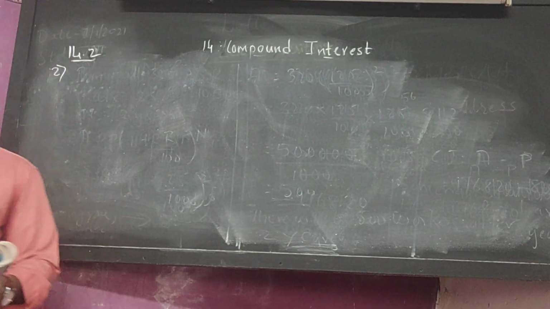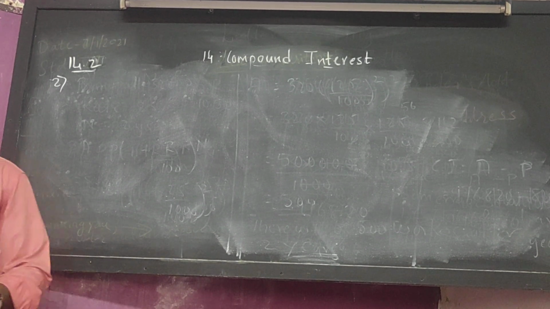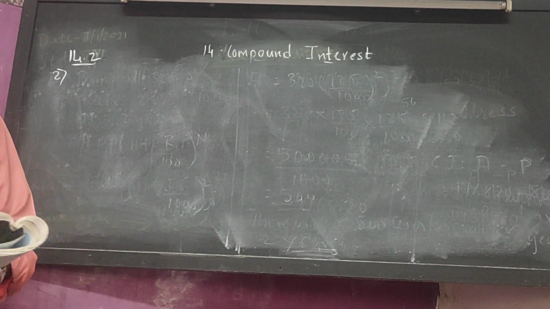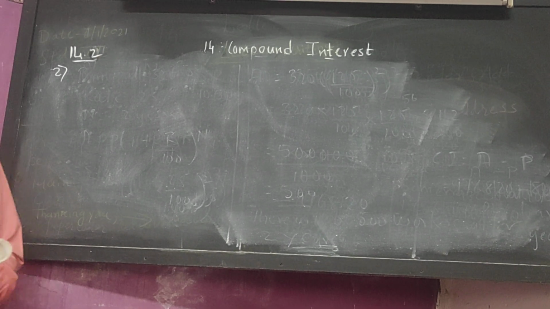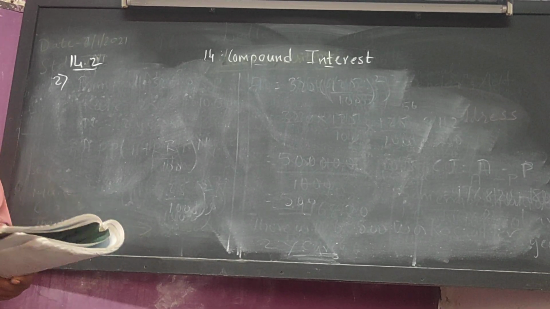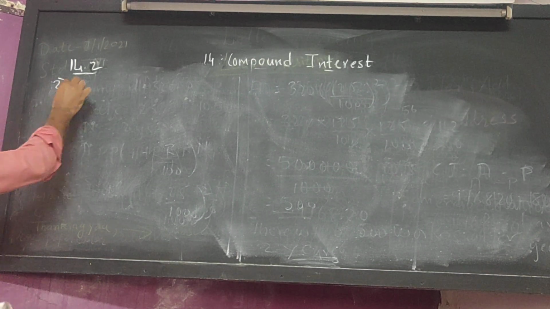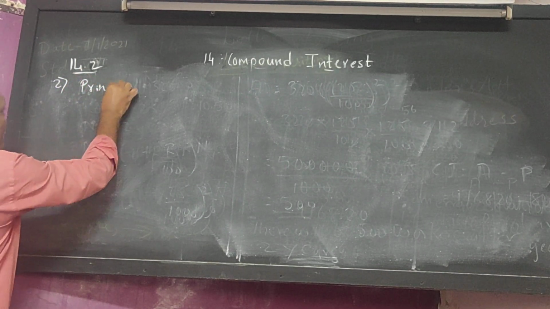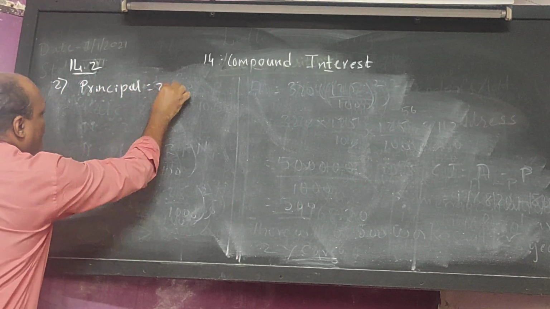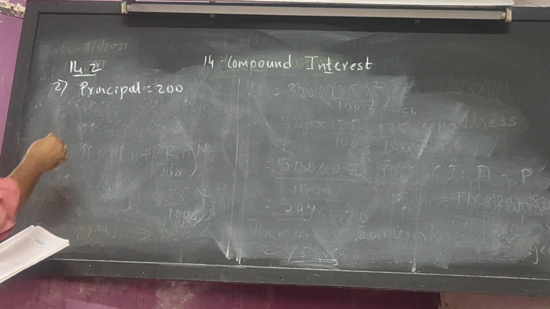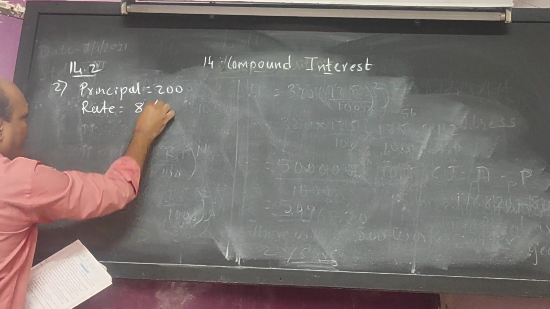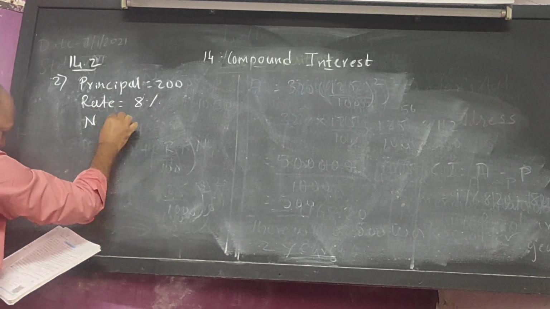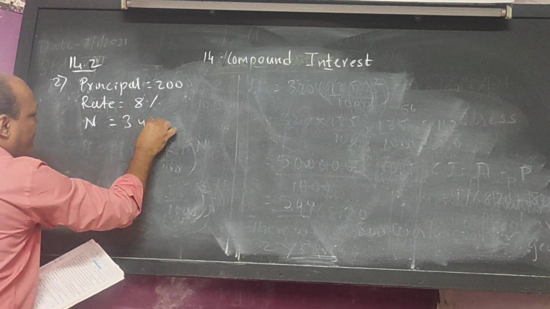A shipyard has 200 ships. Find the number of ships after 3 years, if the increase in the number of ships is 8% every year. The number of ships is increasing every year by 8%. That means initially, in the beginning, the principal we will take as 200. R is given as 8%, and N, that is the number of years, is given as 3 years.